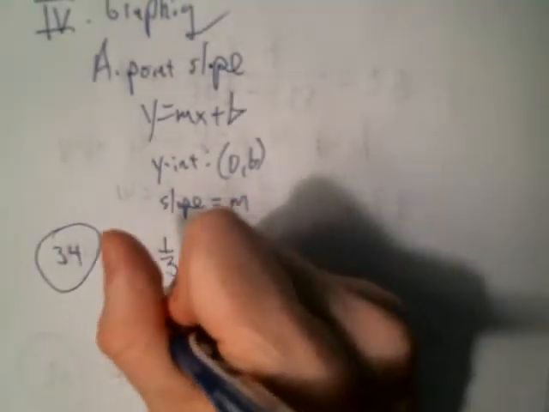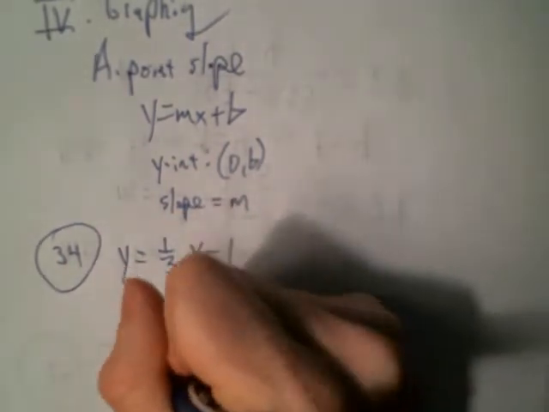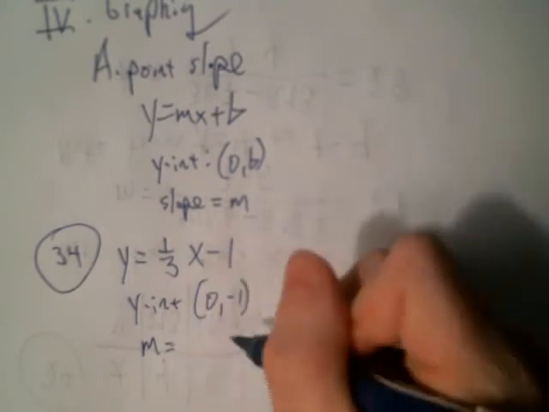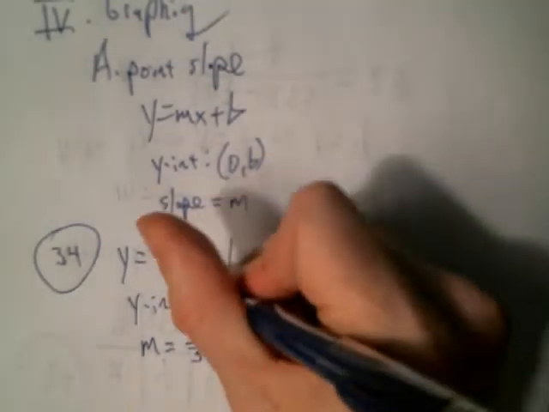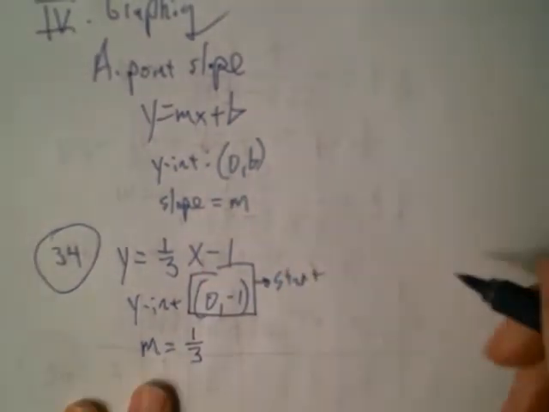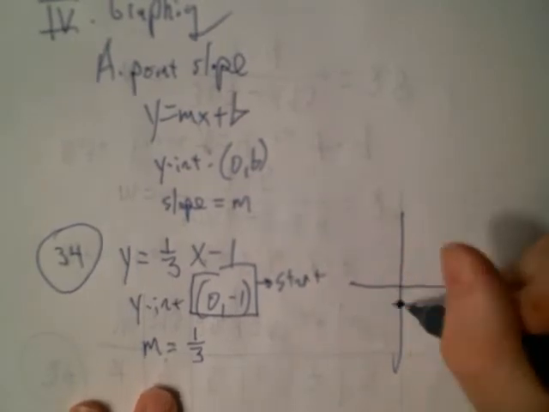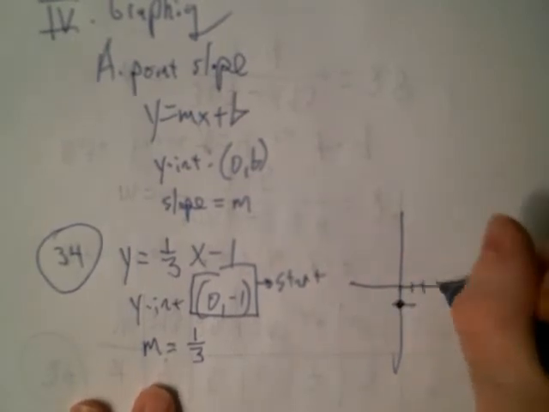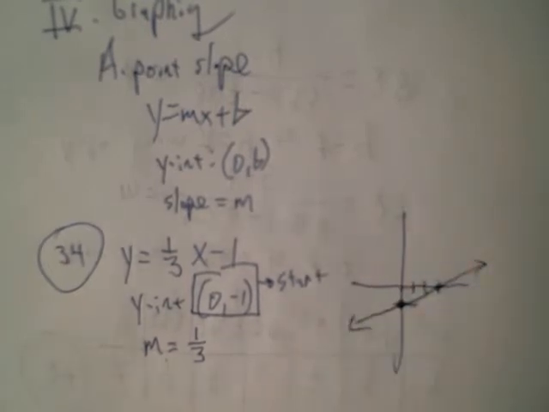So my y-intercept is (0, -1), and my slope is 1/3, which means it goes up 1 over 3. So I start here, that's my starting place, (0, -1), it's right here. Go up 1 and then over 3: 1, 2, 3, there it is. Connect the dots, and you are good to go.